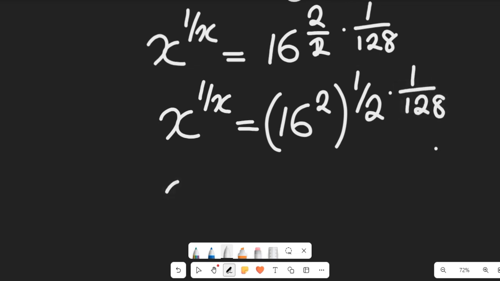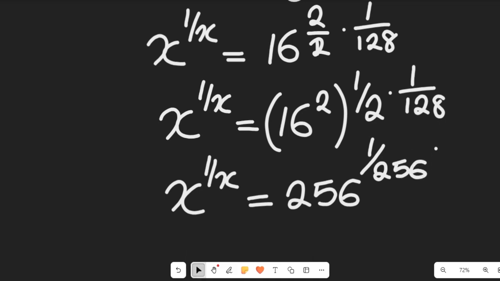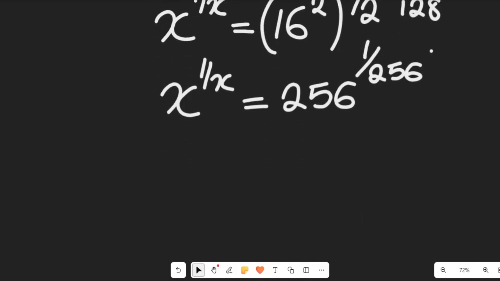Now let's look at this. This will give us x to the power of 1 divided by x, and this will be equal to 16 squared, which gives me 256, and 128 times 2 gives me 256.